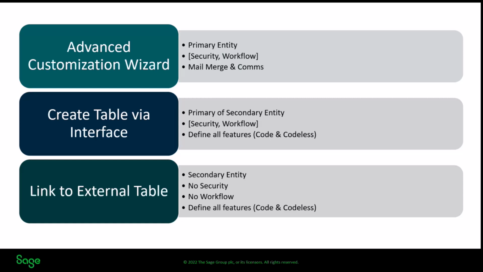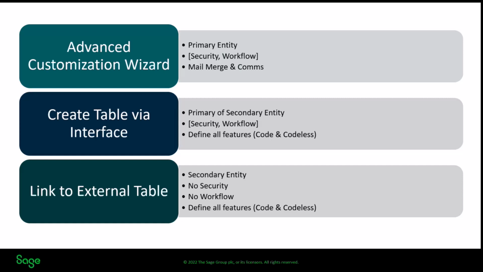And this is the idea of custom entities. We'll be looking at how they get created, whether that's through the advanced customization wizard, in which we will get stub security and workflow created for us, plus the ability to work with merge and communications.